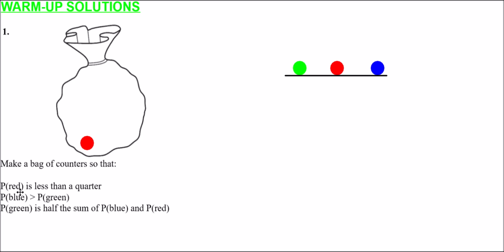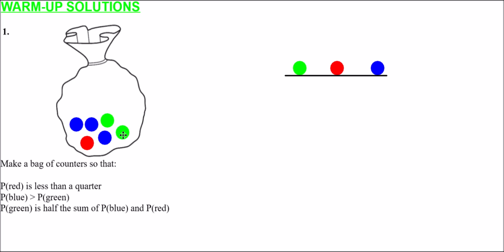So if blue needs to be bigger than green, then we need more blues than we do greens. So what I'm thinking here, we could have 3 blues and just 2 greens.